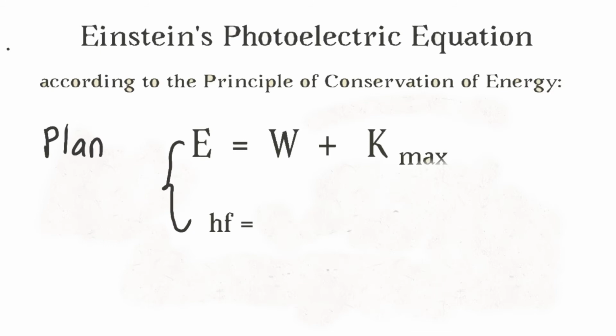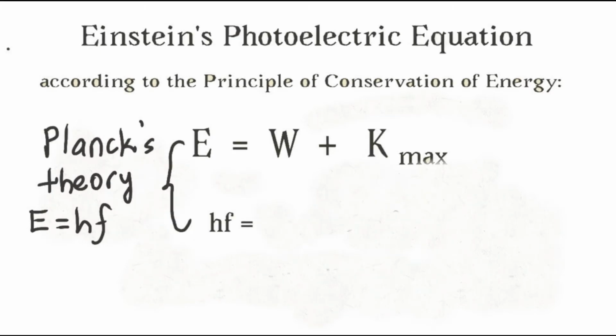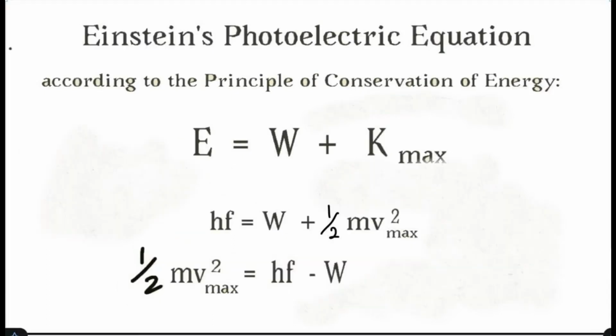The photon energy E equals hf is from Planck's theory, and hf equals W plus half m v max squared. When we rearrange the equation, it becomes half m v max squared equals hf minus W, where W is the work function.